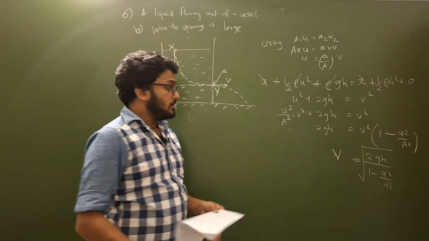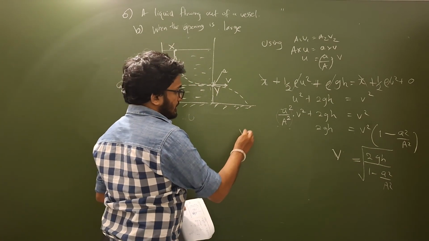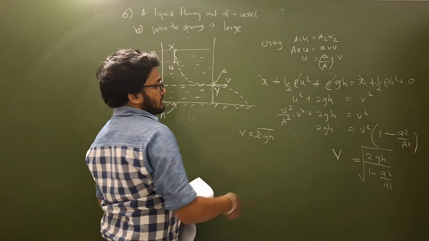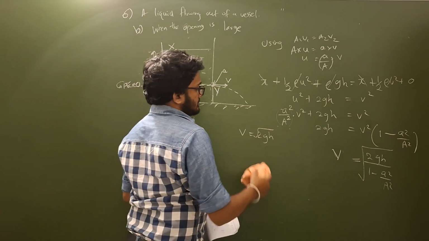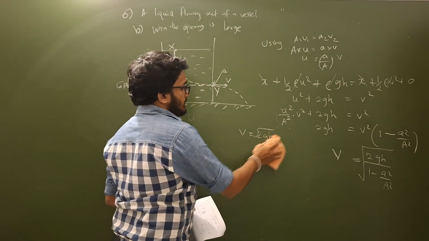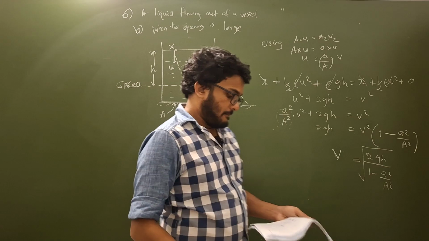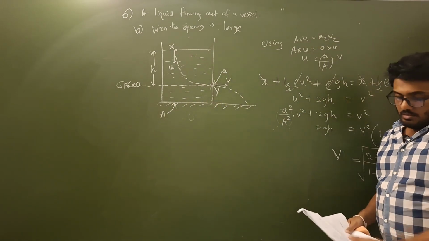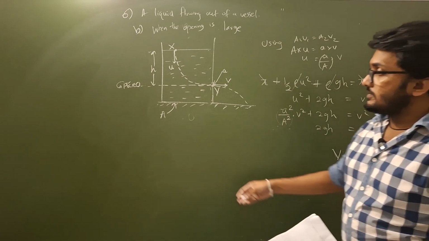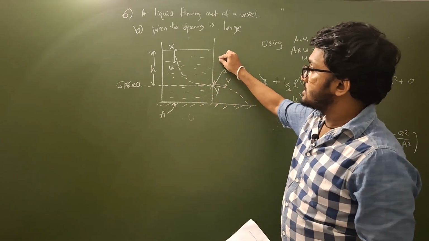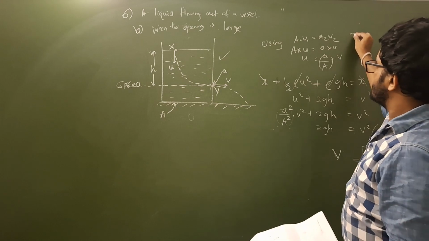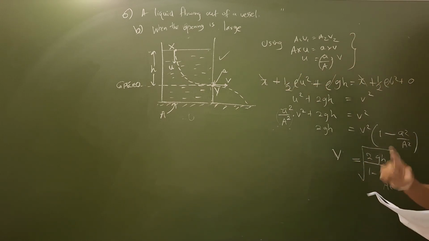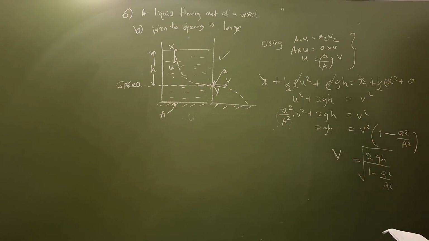If the opening is small, we had a very small equation like this. If the opening is large, then we have a somewhat complex equation like this. In the first phase, you have to draw this diagram and write this section, and after that, in one line, you can write the rest.